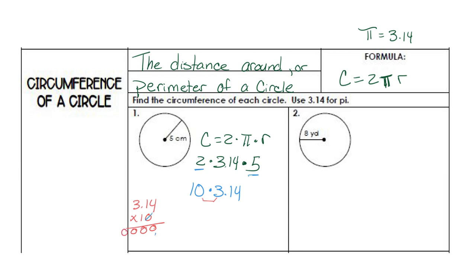Cross that out, put a placeholder. 1 times 4 is 4, 1 times 1 is 1, 1 times 3 is 3. Add these up. So 0, 4, 1, 3. Now go back and notice I have 2 digits behind the decimal. So I need to put in 2 decimal places. So the circumference of this circle is 31.4 centimeters.